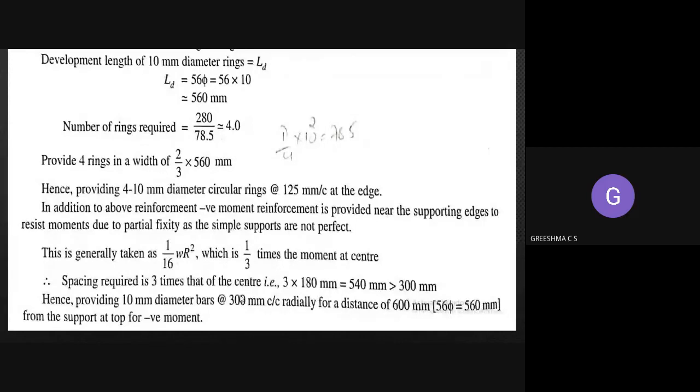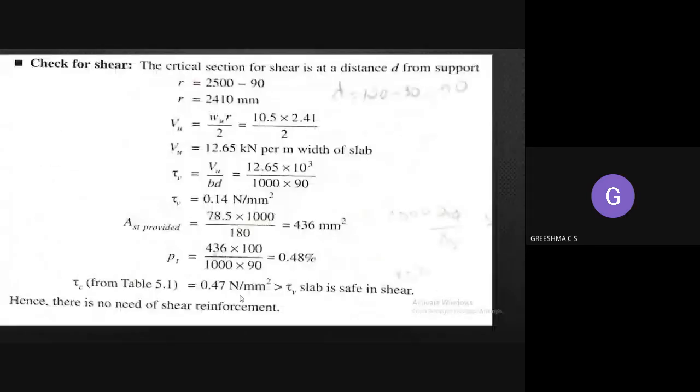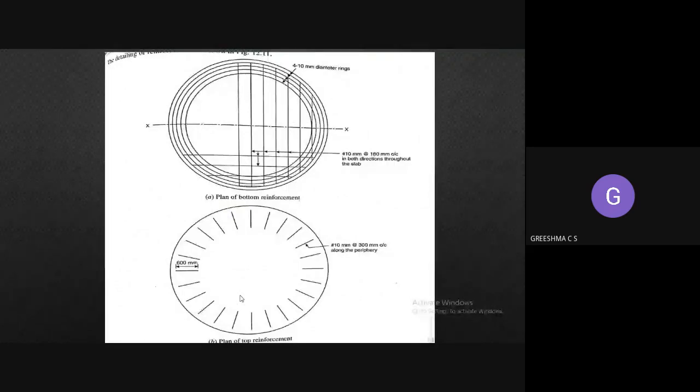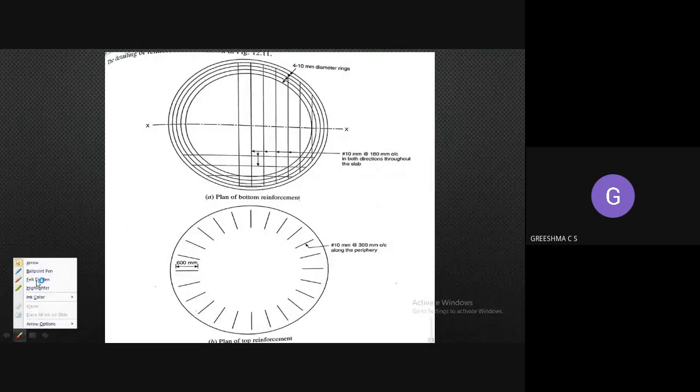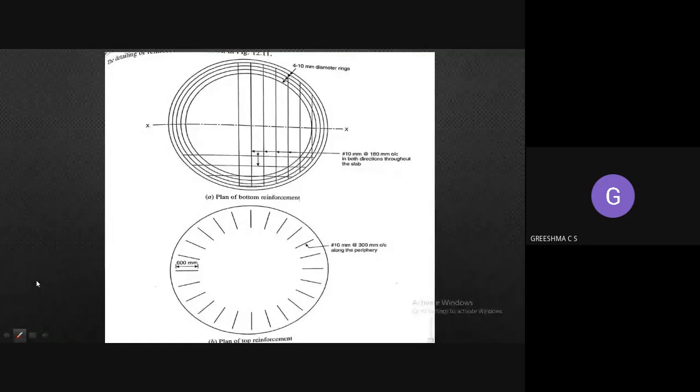This is the development length. For the radial reinforcement, the extra length is provided by taking the development length.